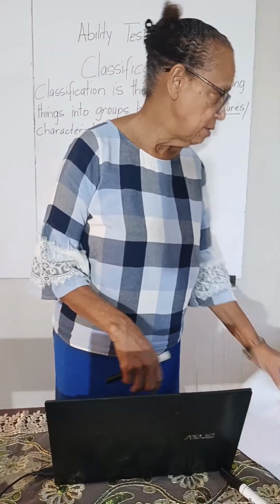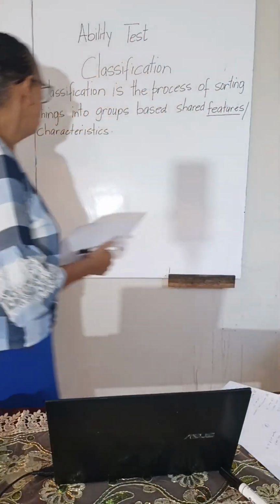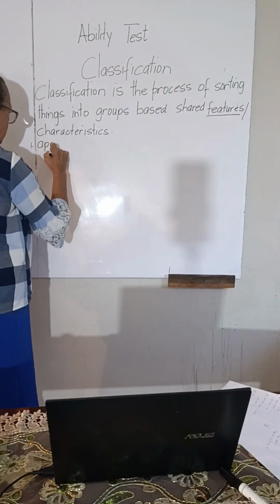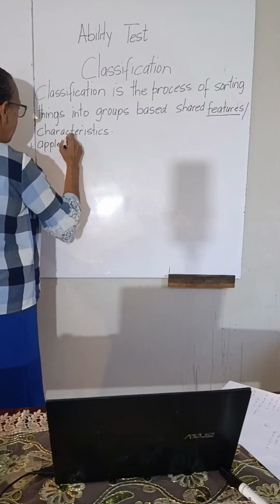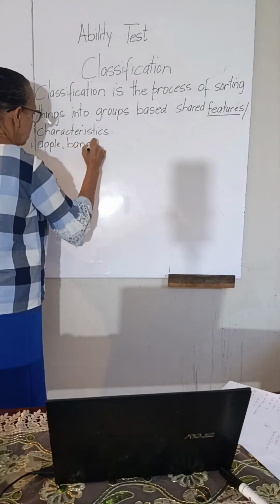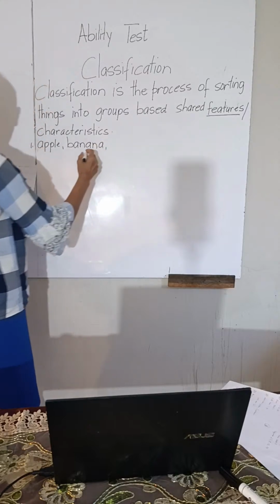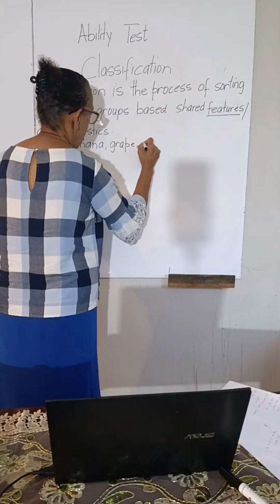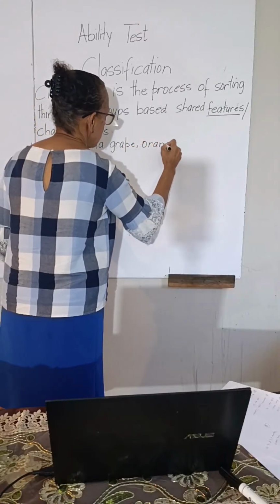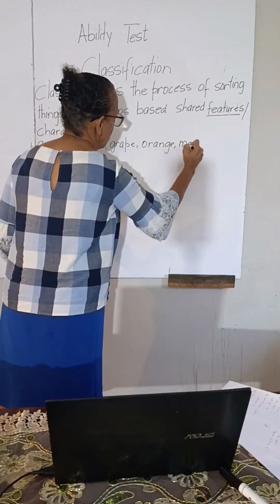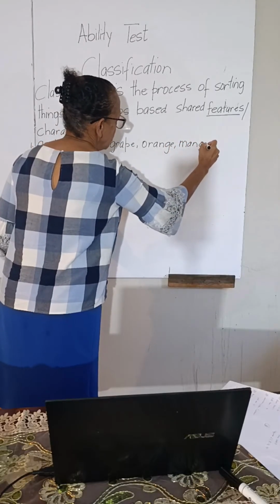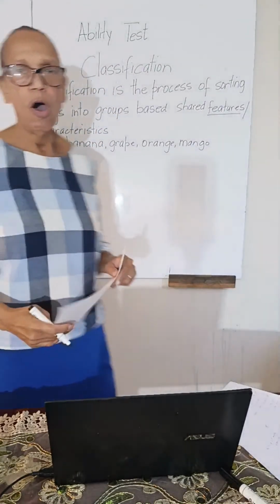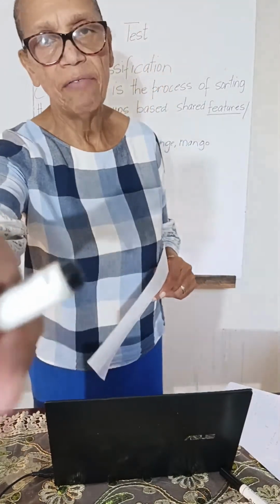Now, look at this, and you tell me what we have in common here. 1: apple, banana, grape, orange, mango. What do you think they have in common?